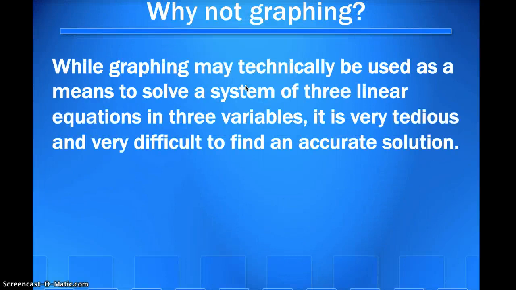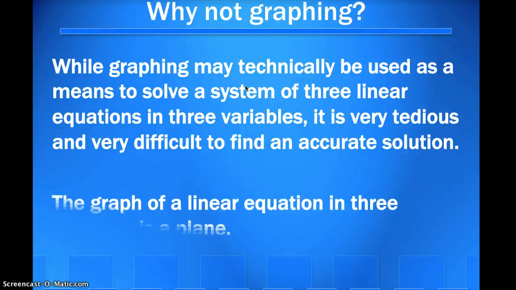Just like what we talked about for systems of linear equations in two variables, graphing may technically be used as a means to solve a system of three linear equations, but again, it's very tedious. You can also use your calculator if you want to use graphing, but we're not going to talk about that in this video.